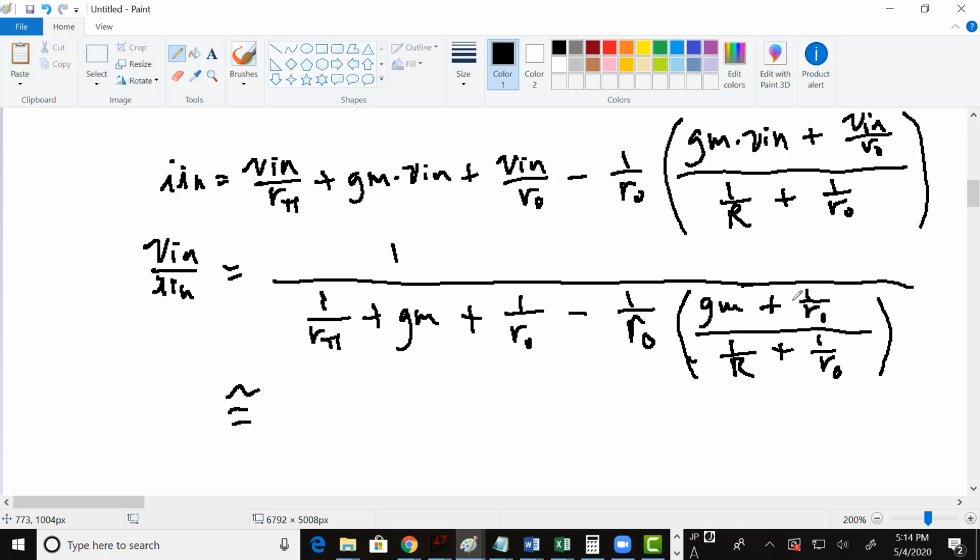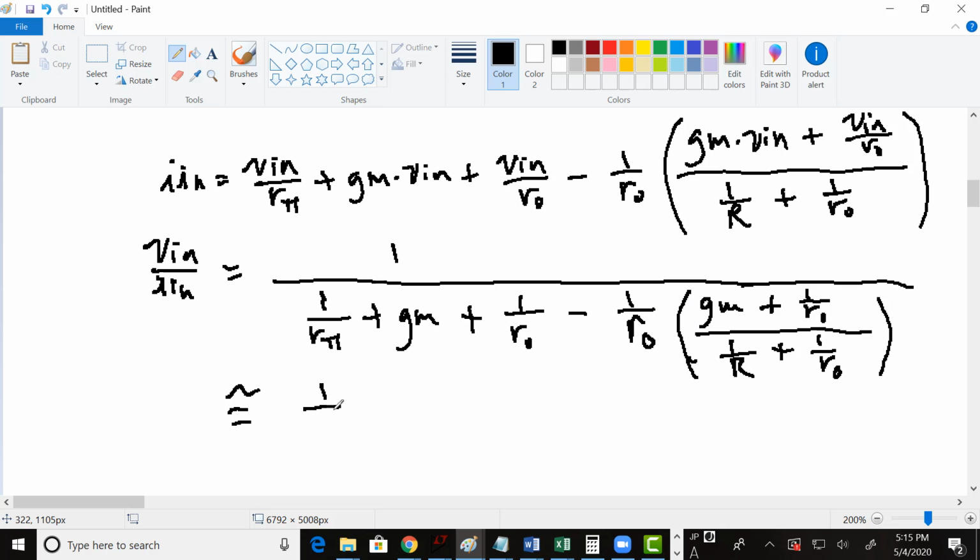If you have an equation like this, and you're changing values of currents and all that, spreadsheets are great to use. If I multiplied the RO through, well, how about this? Let's do this a little differently. Assuming 1 over RO is going to be much smaller, I don't want to just say, oh, this is 0 and get rid of this.